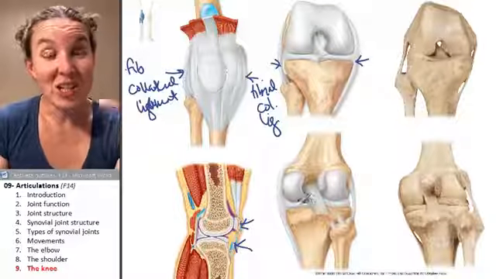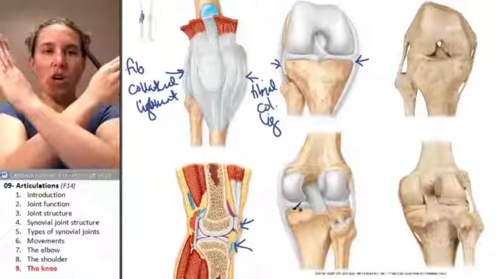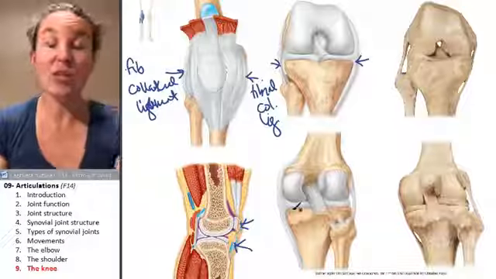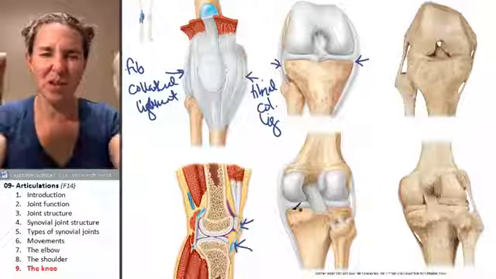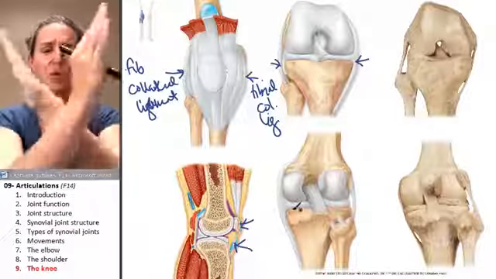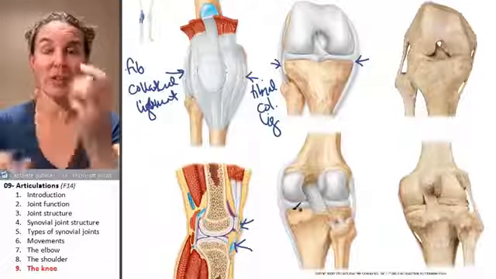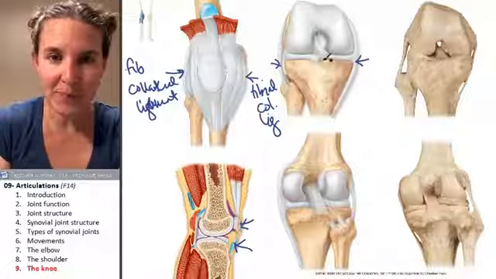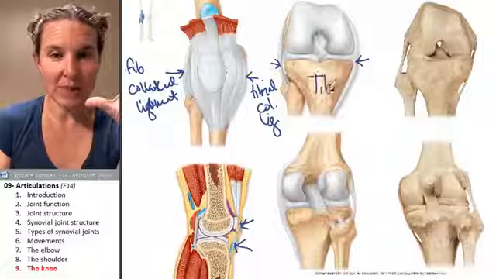In addition to my collateral ligaments, which are straight, we have cruciate ligaments, which form a cross. Your collateral ligaments are on the sides of your knee. The cruciate ligaments form a cross that is anterior-posterior. So you actually have the anterior cruciate ligament. Now think about this. Here's my tibia.